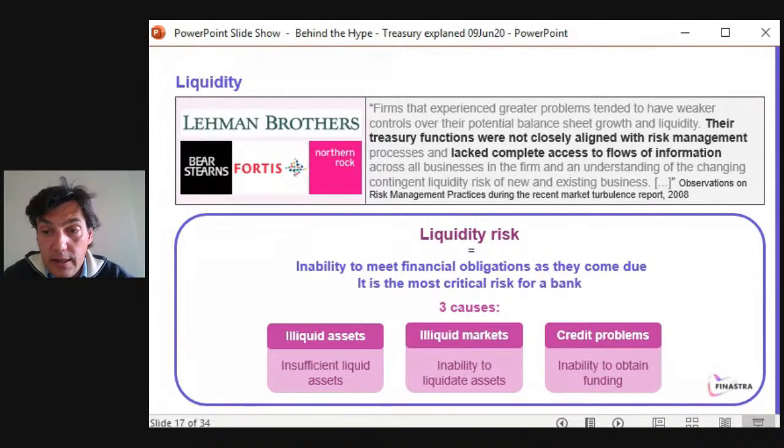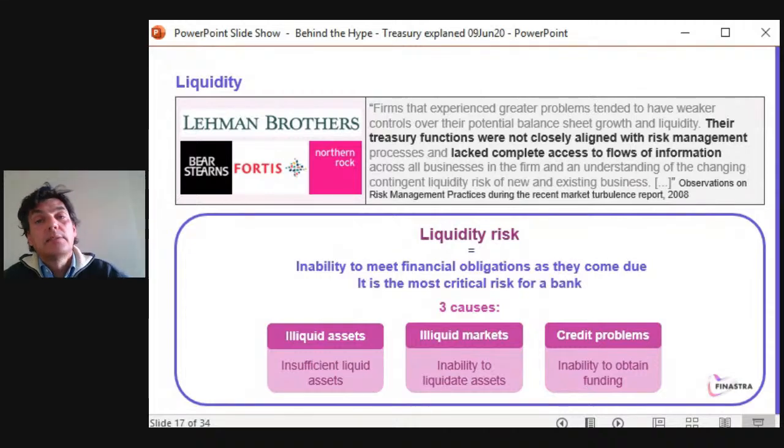Why is that? Because there are a lot of reasons why a bank can go bankrupt. But if you look at the cases of Lehman, Bear Stearns, Fortis, Northern Rock, and many others during the 2008 crisis, they all went down because of bad liquidity management.